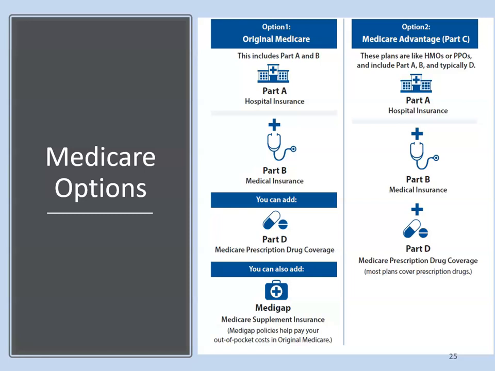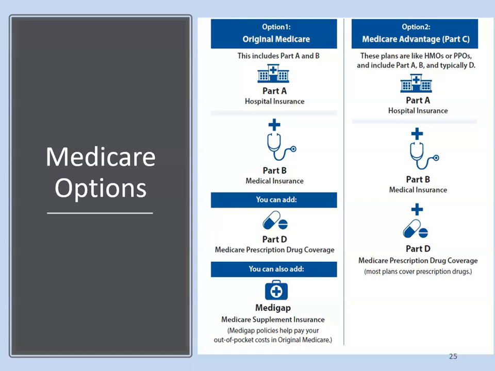You can add on a Part D, which is the prescription drug plan, and then you can add what's called the Medicare supplement insurance, or sometimes commonly known as a Medigap, that helps fill the voids that original Medicare offers. Or you can do option two on the right hand side, the Medicare Advantage plans.